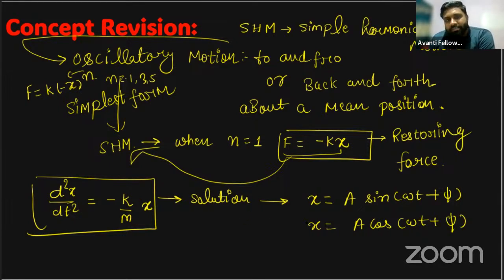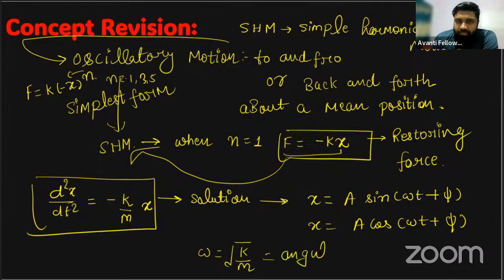These are the solutions of d2x by dt square equals minus k by m into x, where omega is the square root of k by m, and which is the angular frequency of the particle.